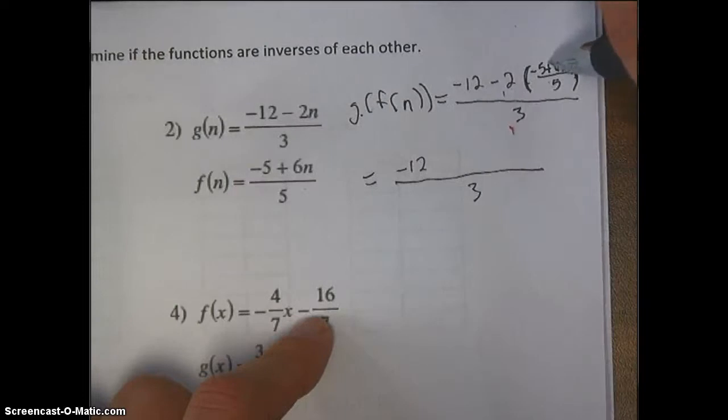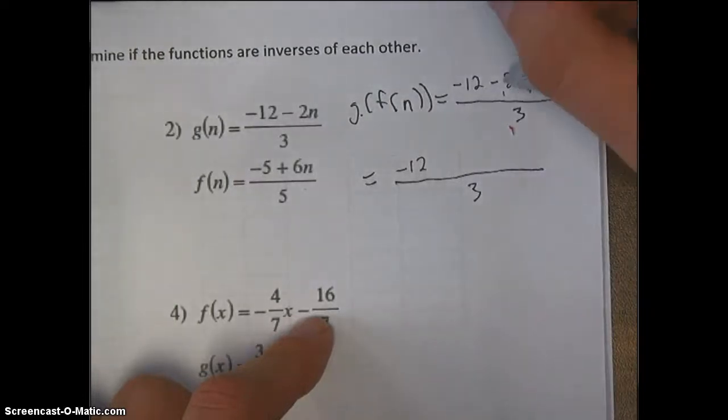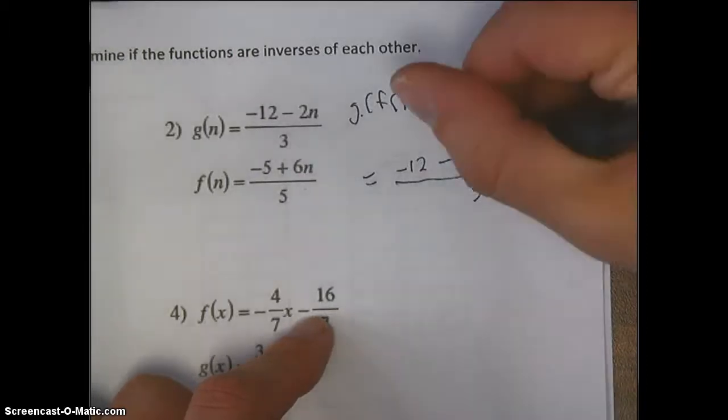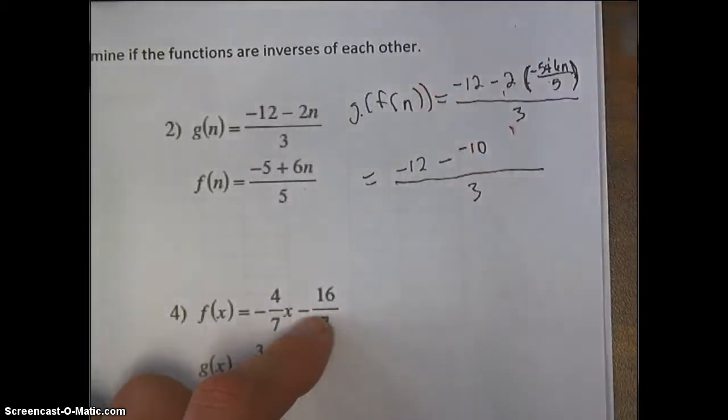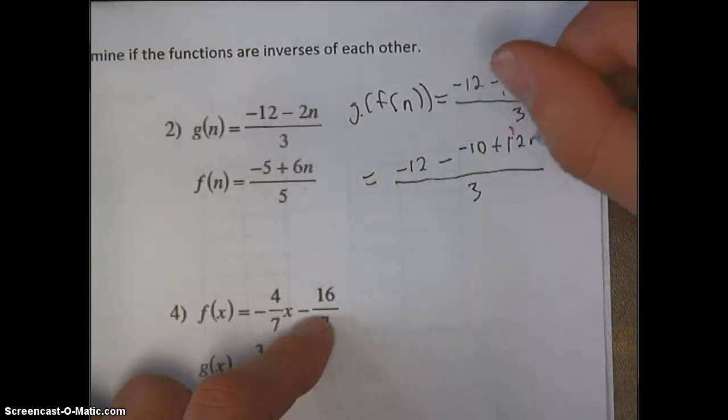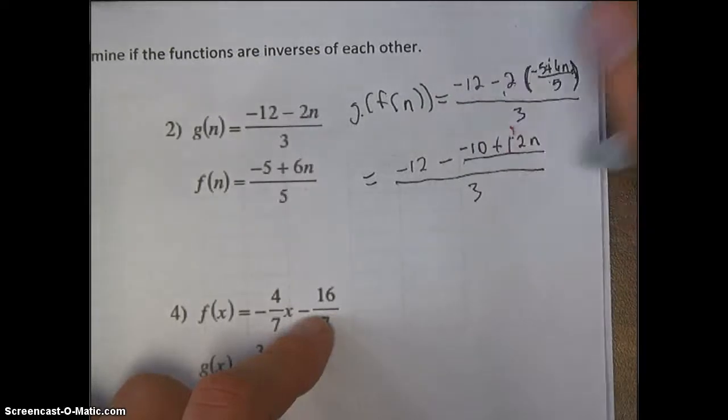But now, negative 2 times negative 5. Actually, I'm going to keep the minus and just distribute the 2. So 2 times negative 5 is negative 10, plus 2 times 6 is 12n, all over 5.